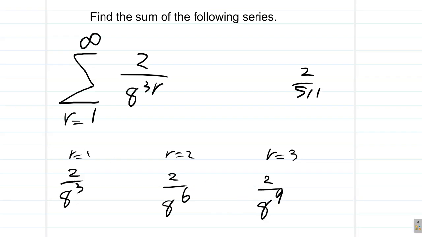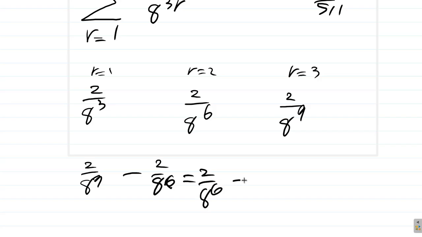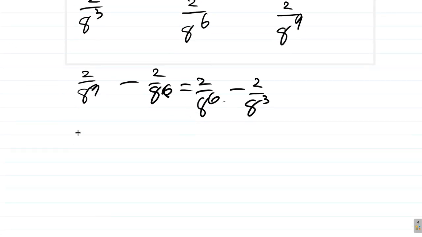If it was an arithmetic progression, you'd be saying that 2 over 8 to the 9 minus 2 over 8 to the 6 is the same as 2 over 8 to the power of 6 minus 2 over 8 to the power of 3. I don't think that would work.